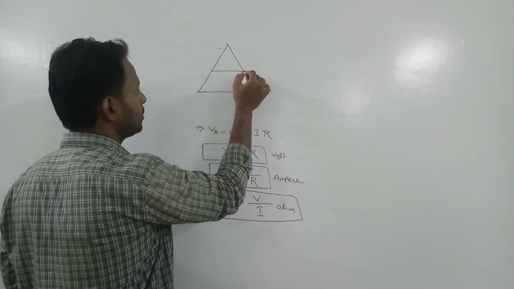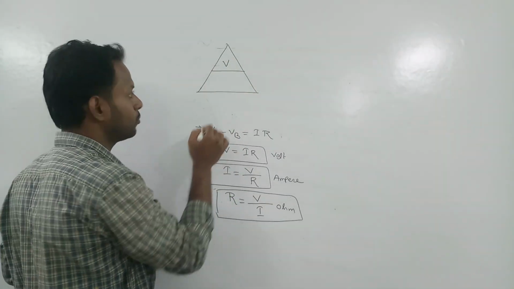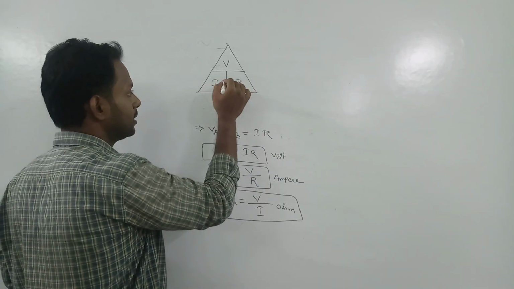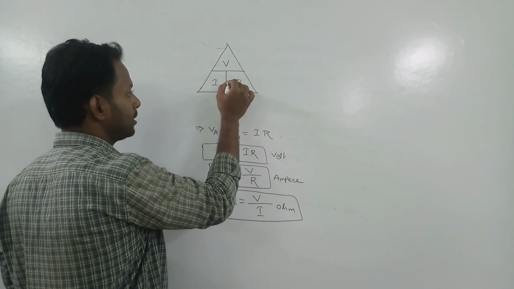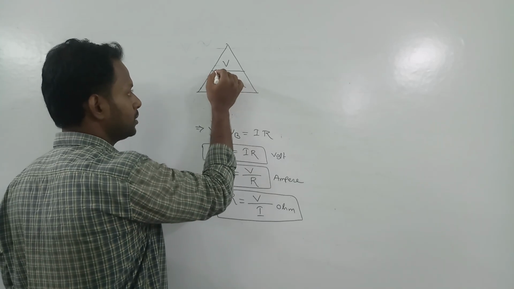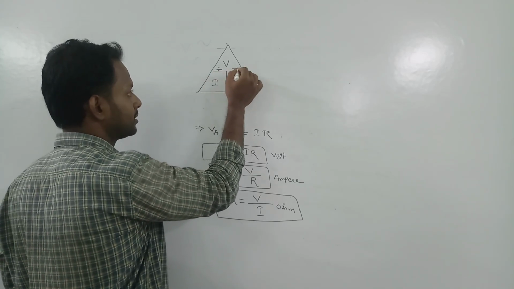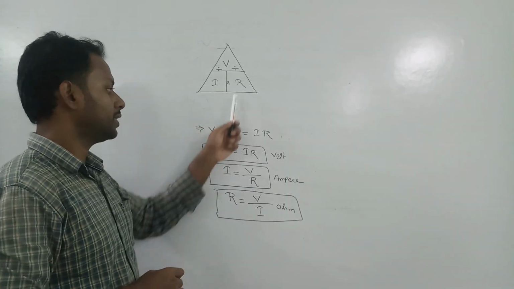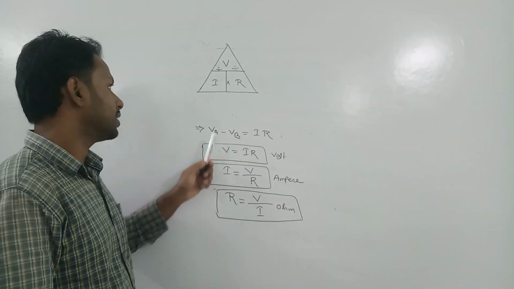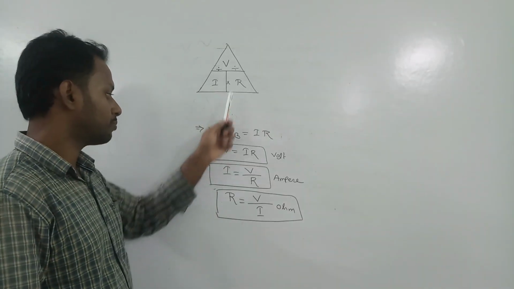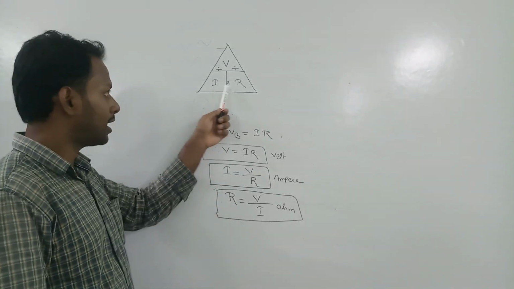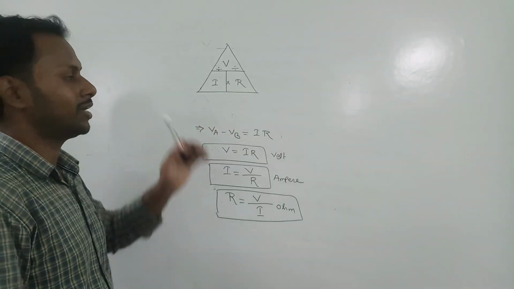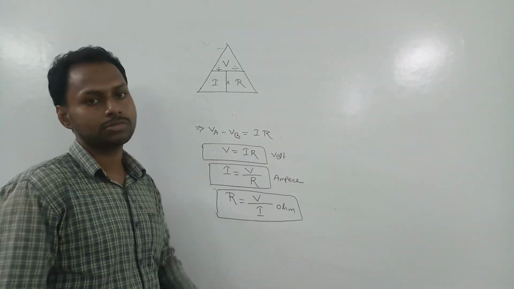In the upper section we put V, the supply voltage, and in the lower section we put I and R. According to this line it will multiply, and according to the voltage part it will divide. So if we find the voltage, it will be I into R, and if we find I, it will be V upon R. If we find R, it will be V upon I. So one triangle is set out, and this is called Ohm's triangle.